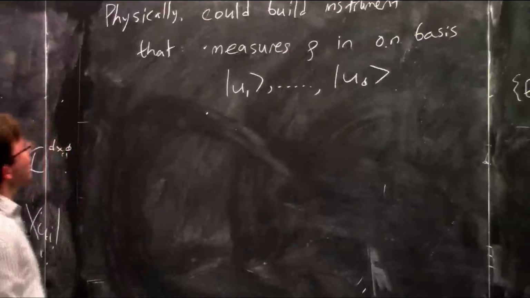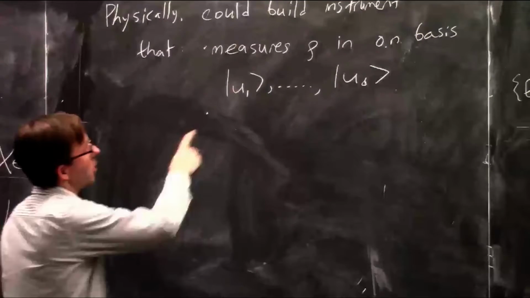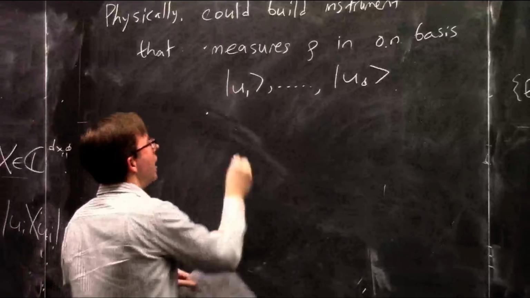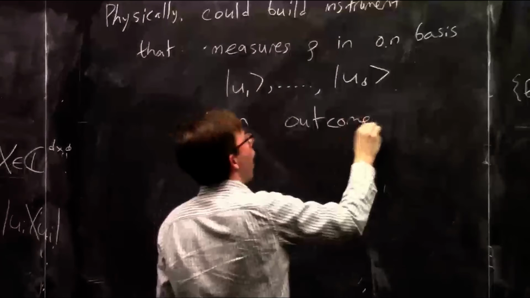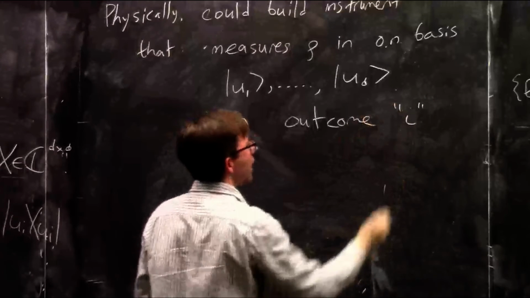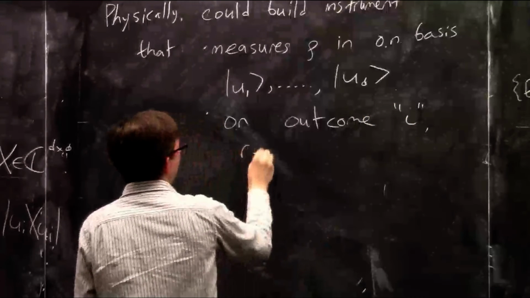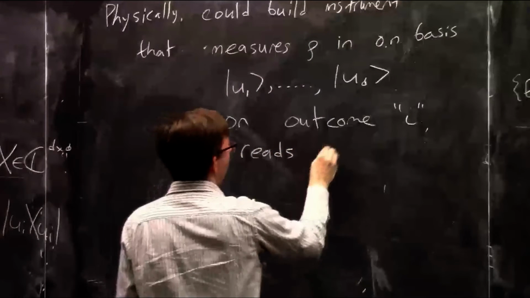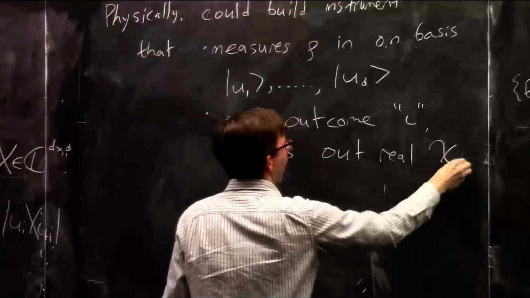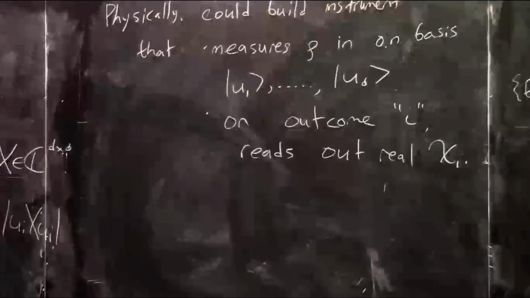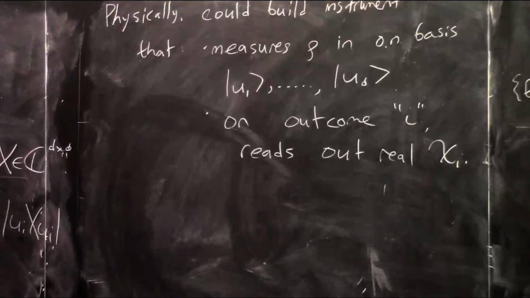Okay, you can build an instrument that measures the state in this orthonormal basis, and then on outcome i between 1 and d, it reads out on its LCD readout the real number chi i. So you could build a machine that has a hole in one side for a d-dimensional particle to come in, and it has an LCD screen on it.